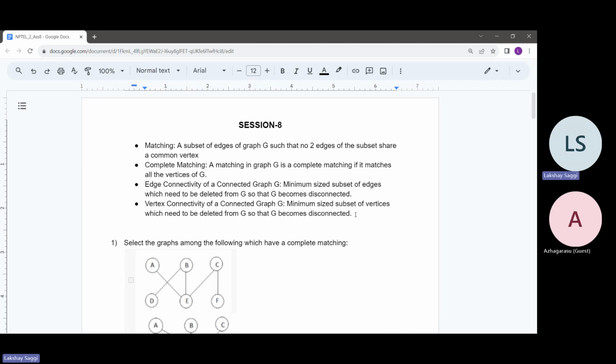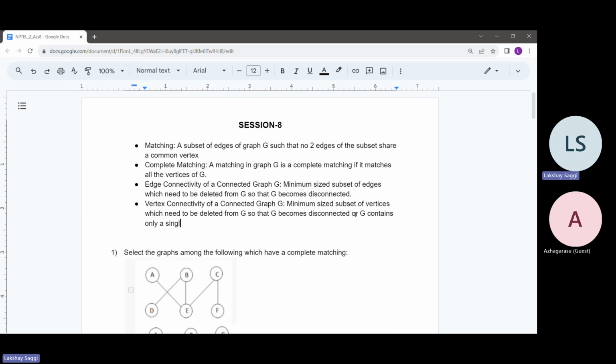The other criterion is that G contains only a single vertex after deletions. So how do we define vertex connectivity?